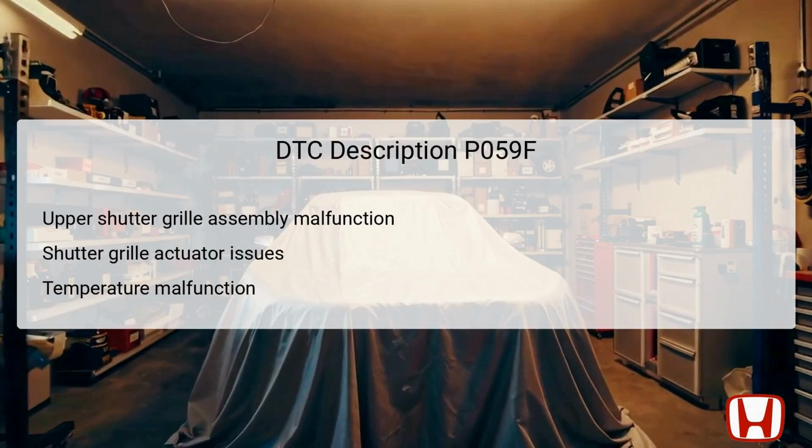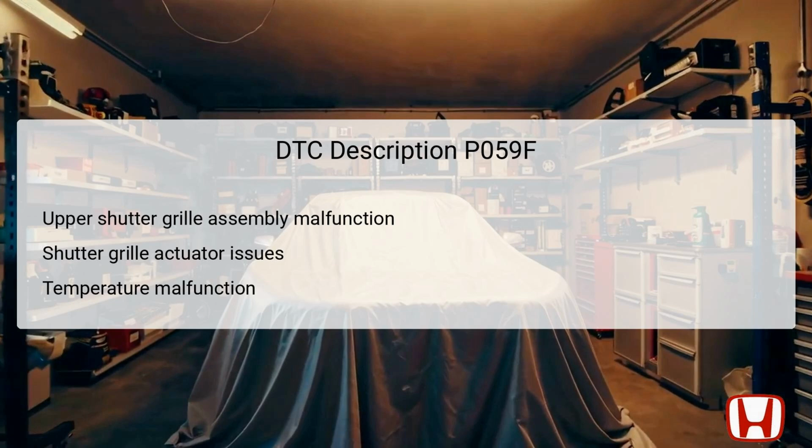DTC P059F signifies a malfunction in the upper shutter grille assembly, which might be affecting vehicle performance. The shutter grille assembly is responsible for enhancing aerodynamics and managing air intake for engine cooling. The actuator associated with this assembly controls the opening and closing of the grille based on engine temperature and airflow requirements.